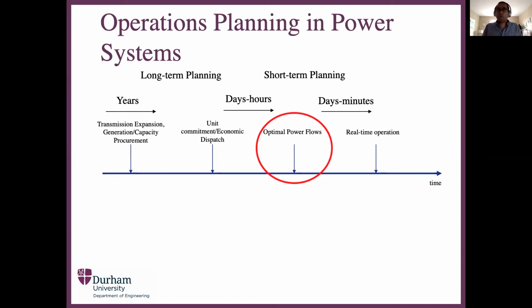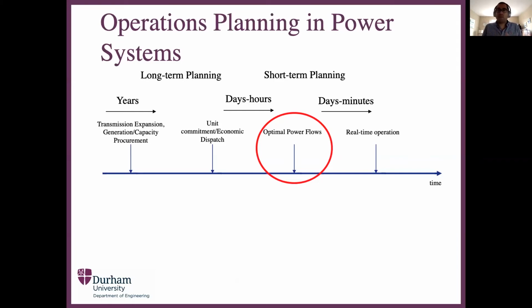They know what units are connected and committed to generate power in 24 hours' time. And, apologies, they know the state of the system as well. So they run optimal power flow, and what the optimal power flow gives them is a snapshot of what is expected to happen in 24 hours' time. It doesn't tell you the dynamics.